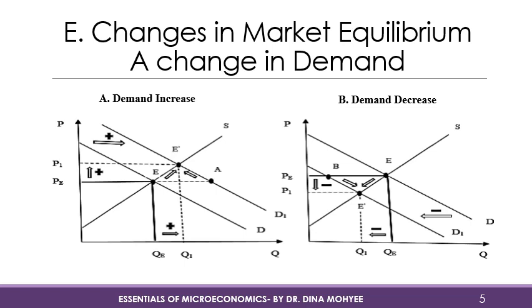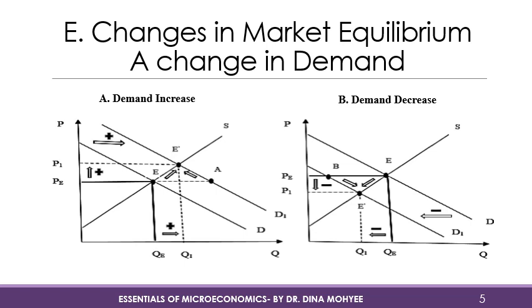Okay, we know that a change in demand results from a change of any of its determinants other than the price. Any other determinant than the price of the good could lead to a change in demand and the shift in the demand curve.